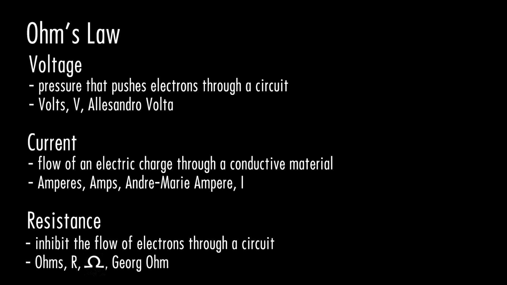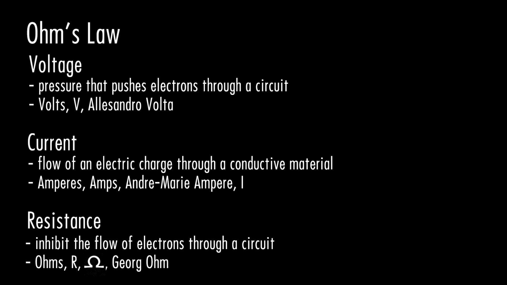Resistance is the third variable. Resistance, or resistors, slow down or inhibit the flow of electrons through a circuit. Using that same water analogy, think of a small pebble, for instance, stuck in the hose. It'll block the water flow, it'll inhibit the water flow, so it'll resist.